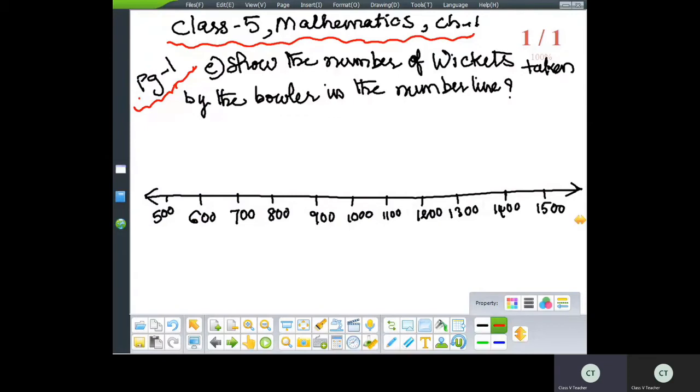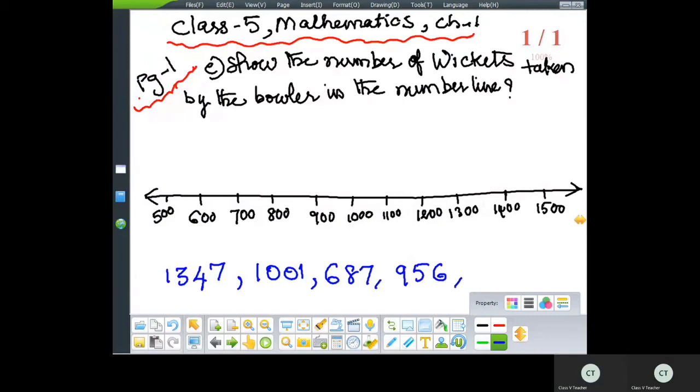Okay, so what is the first number? Firstly, let me write down the numbers. What are the numbers here? 519, 1347, 1001, 687, 956, 519. These are all the wickets or the numbers.